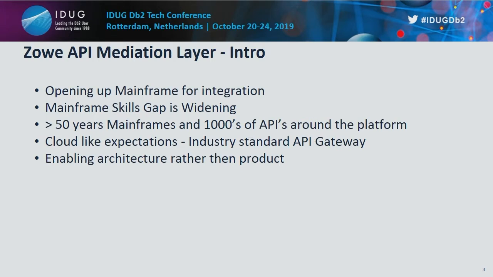So, quick introduction. Mediation layer pretty much is sharing the vision with the rest of the Zowe, which is to create something like an abstraction layer on top of the mainframe complexity, so that it's much more attractive to the out-of-university graduates and top talents.